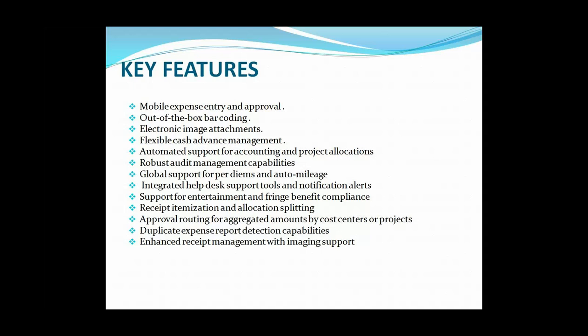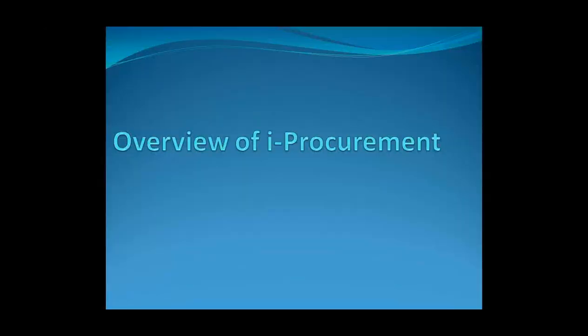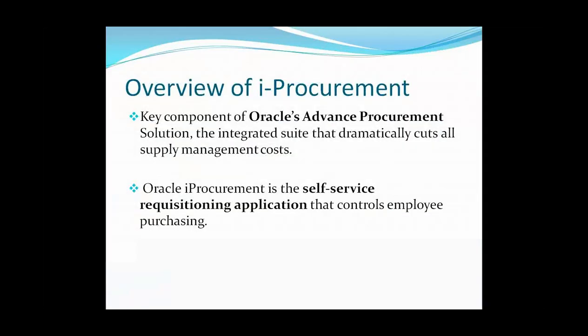Now what we will do is we start with the overview of the next module, which is iProcurement. This iProcurement module is actually a part of one suite of products of Oracle called Oracle Advanced Procurement.